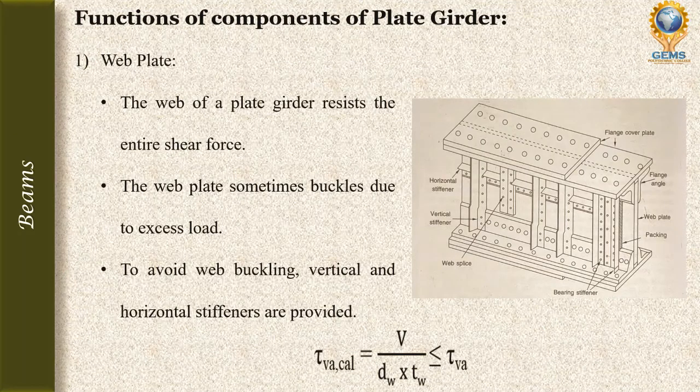Let's see the function of each component of the plate girders. Let's start with the web plate. The major function of the web plate is to resist the entire shear force. But sometimes, due to excess load, this web plate may buckle.